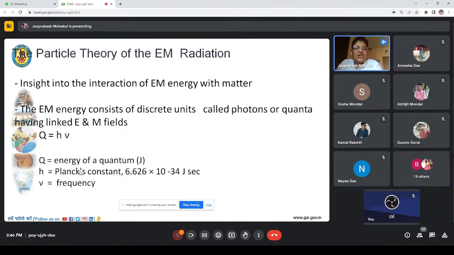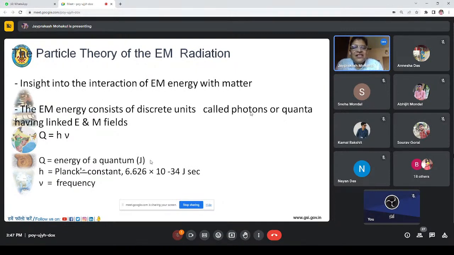Now, there is another theory also to describe the light. This is what is called the particle theory. See, this basically gives an insight into the interaction of electromagnetic energy with matter. It says the electromagnetic energy consists of discrete units, I mean parcels. A photon is basically a parcel of energy, a parcel or quanta, right?